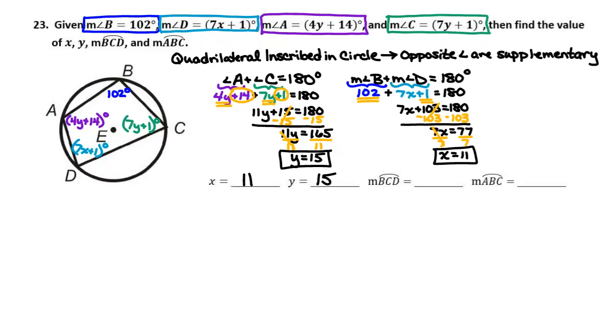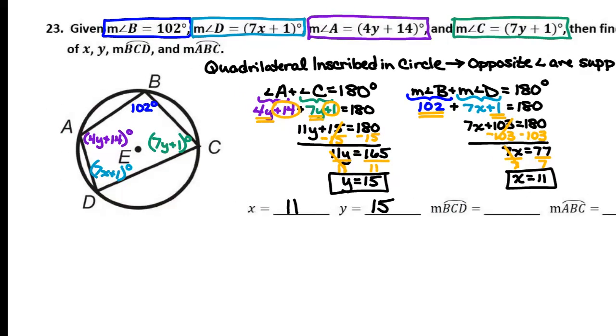All right, now we need to find two arcs. We need to find arc BCD and arc ABC. Which one do you want to find first? BCD sounds good. So start at B, pass through C, and then come around to D. So this is the arc that we want to find the measurement of. What angle is intercepting that arc?